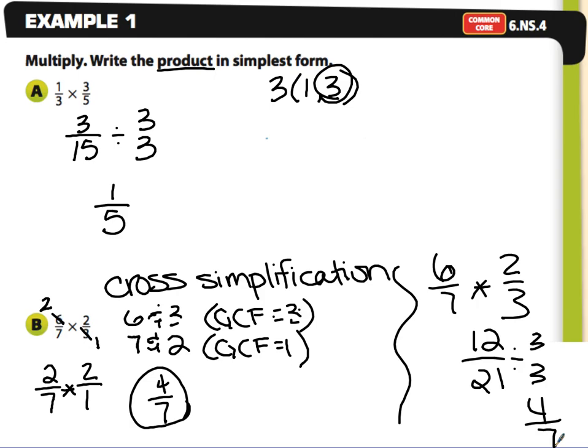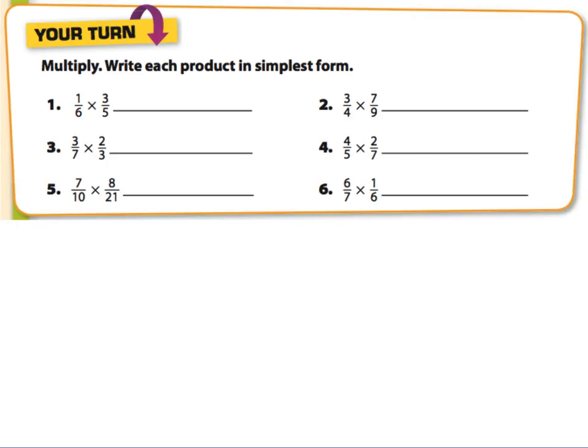I would practice it with small numbers, but it's really nice to use when I have larger numbers in my fractions. For example, we're going to do number 5 first. If I look at 7 and 21, they have a GCF of 7.